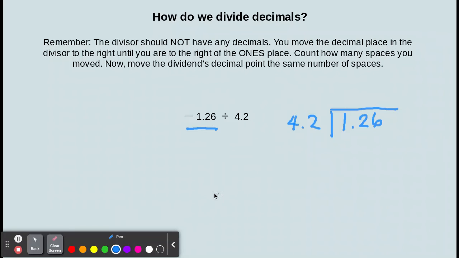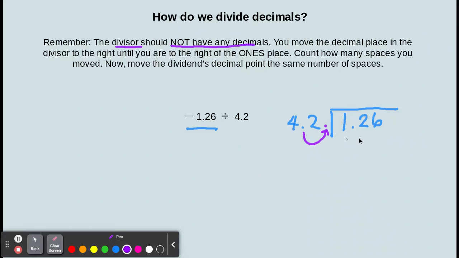We're going to ignore the signs for now, but now we need to deal with the decimal place. When we're dividing decimals, our divisor, the number outside the box, should not have any decimals. No decimals there, right, for our divisor. This is our divisor. That means we have to move this one spot this way, right? We want to move it so now there are no decimals in our divisor.